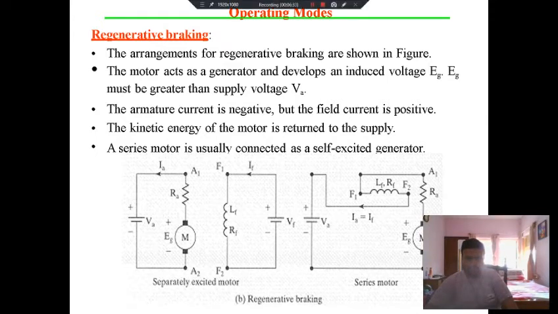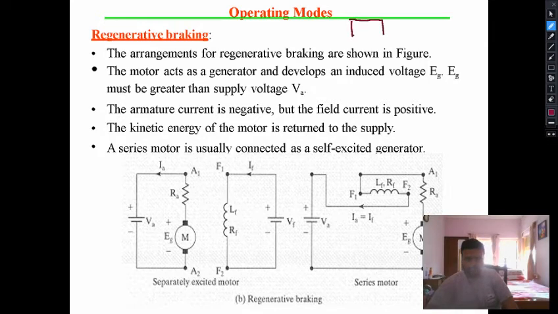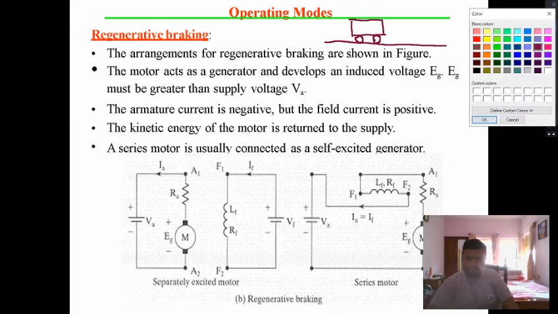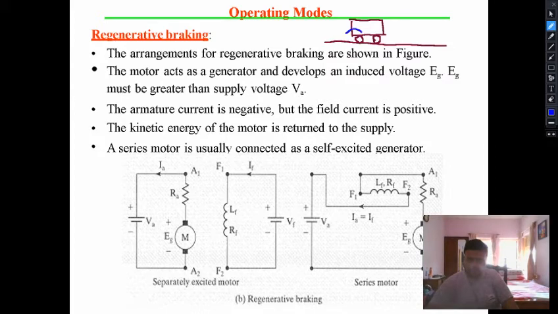Suppose you are having a train, right? For simplicity, I will make it like this. And the train is moving on a track. So suppose the motors are connected to the wheels and the direction of the torque are given by the arrows like this, right?